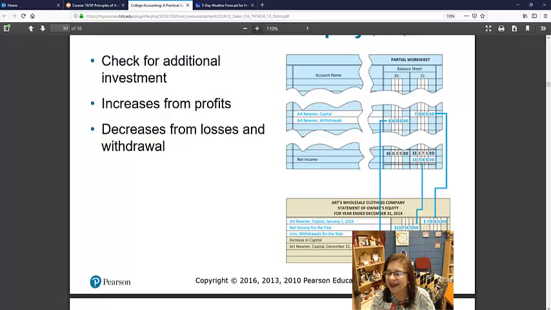Check your zeros. So you end up with the increase in capital of $5,145. You add that to this, which is actually 7,000, not 700, and you end up with $13,050.